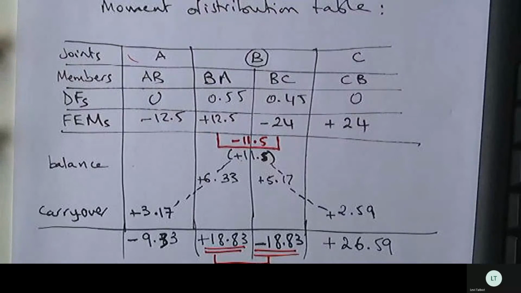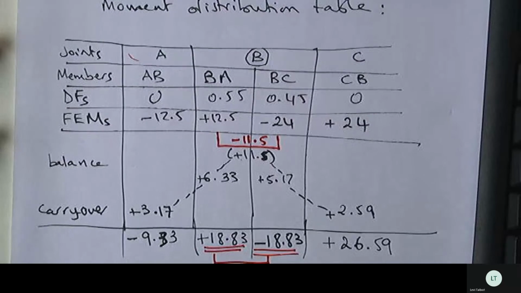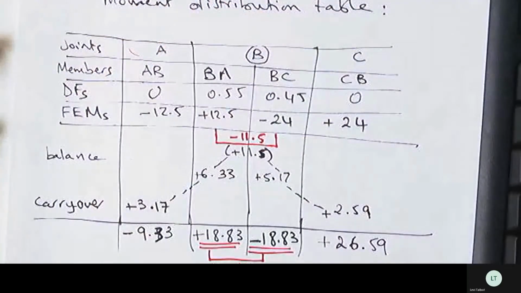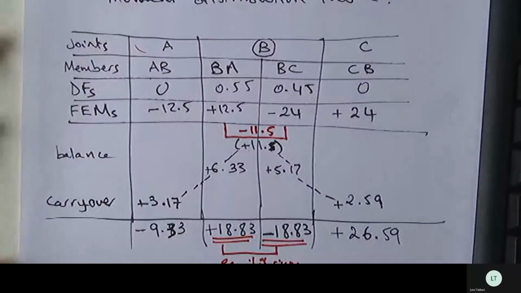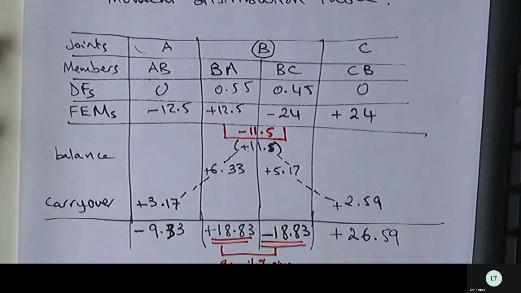Is that okay? Any questions about the table or any of the steps? So how did you get the figure plus 517? 11.5 times 0.55 gives you this, and then 11.5 times 0.45 gives you this.